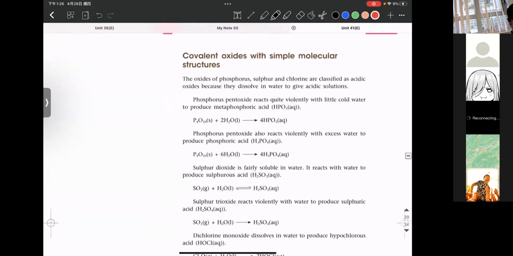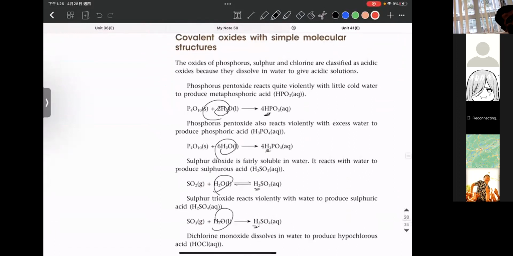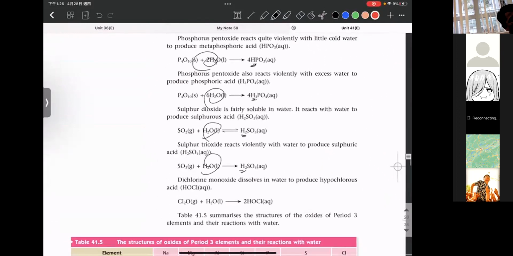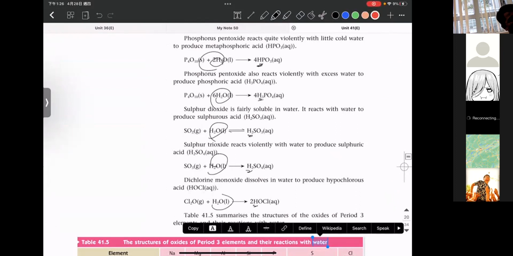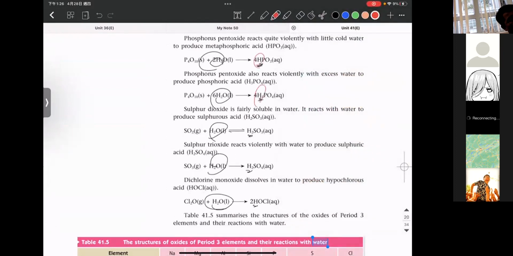How about those other simple molecular structures? Merely put into water, would they form an acid with various forms? So you may focus on the forms right here. We have reaction with water to form acid. All those hydrogen atoms here are said to be ionizable.